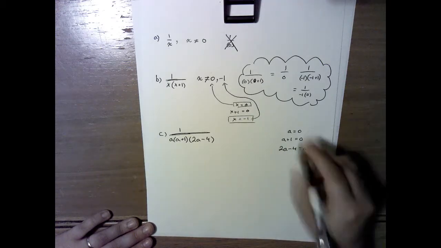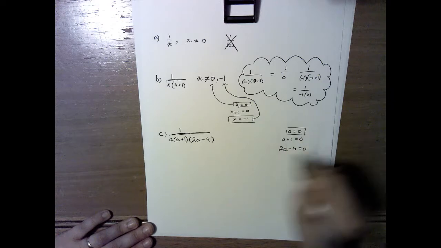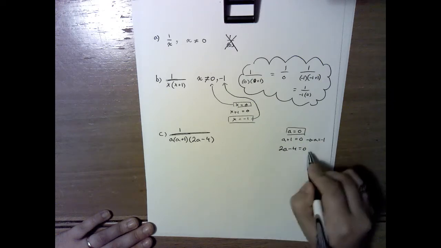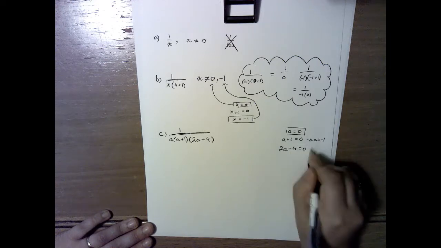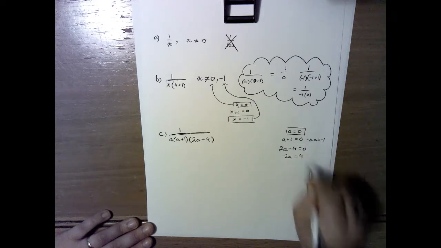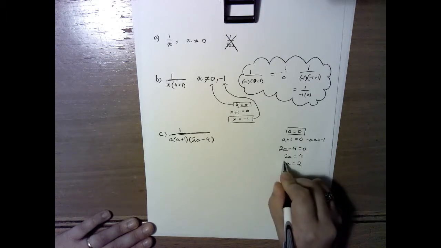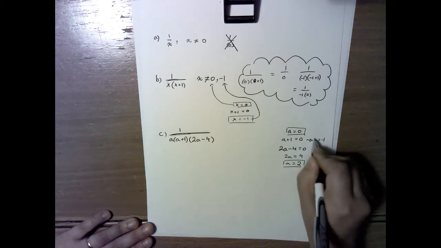So what I do is I solve for a. The first one's already solved. The second one, I have a equals negative 1. And this third one, I bring the 4 over to the other side. I divide both sides by 2. And I have my third restriction.